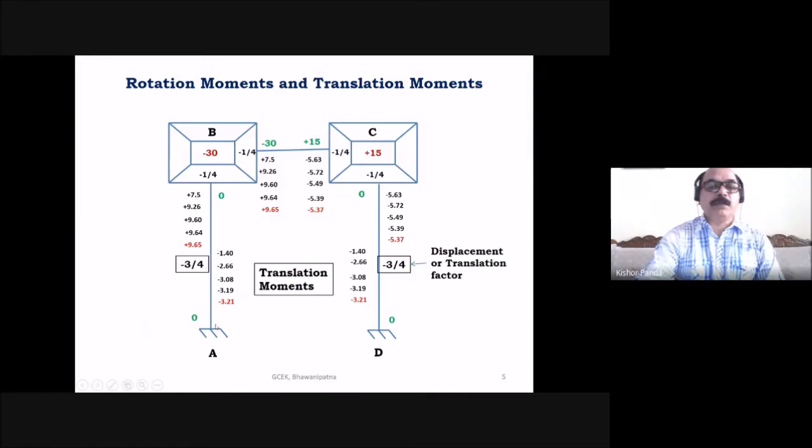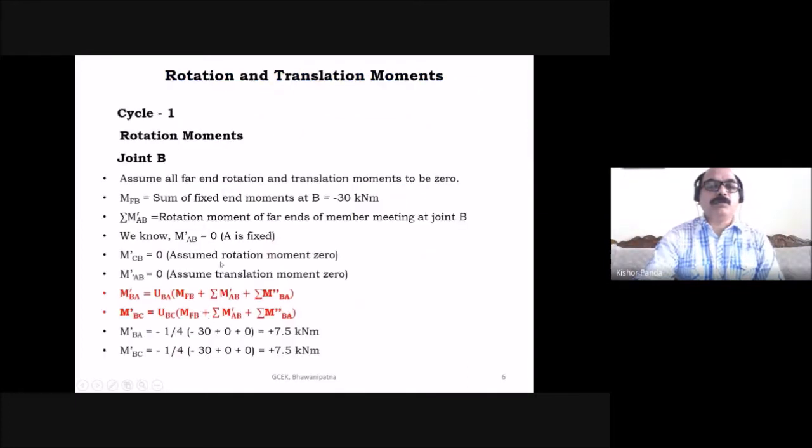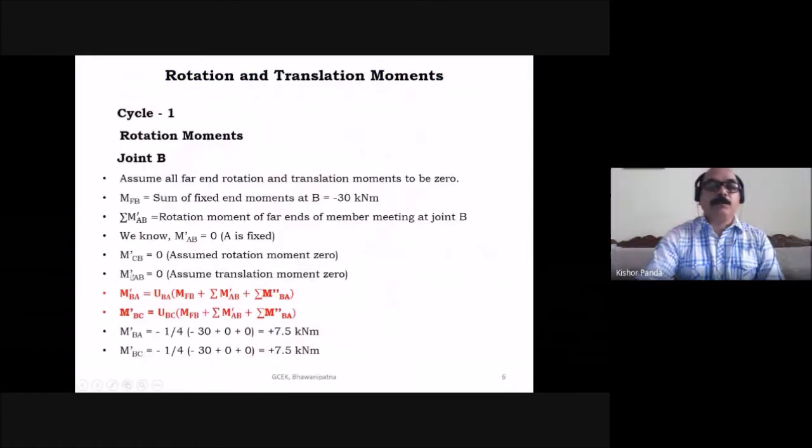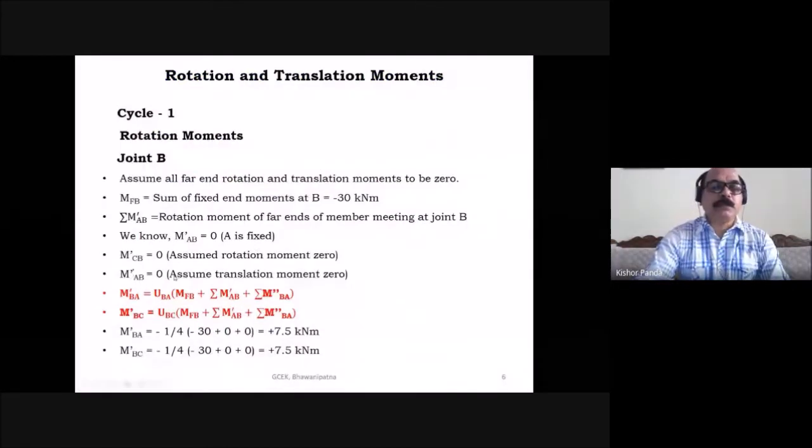M dash AB is equal to 0 because A is fixed. And M dash CB is the assumed far end rotation moment, which is 0. And this is your M double dash AB, which you also have to assume 0, the assumed translation moment.